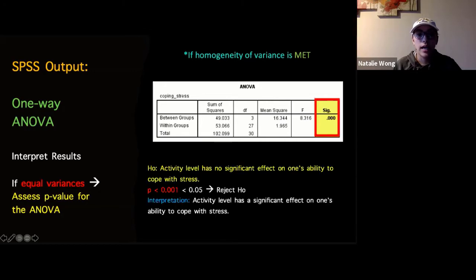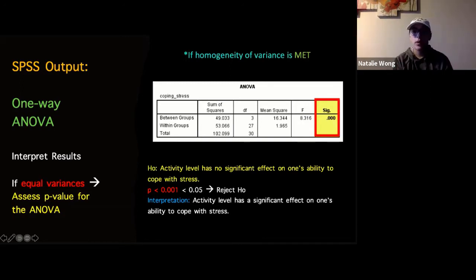The null hypothesis for this particular scenario is that activity level has no significant effect on one's ability to cope with stress. Our p-value is going to be less than 0.001, which tells us to reject the null. So we can argue that activity levels have a significant effect on ability to cope with stress. We could also write this as there's at least one significant difference between activity levels and one's ability to cope with stress.